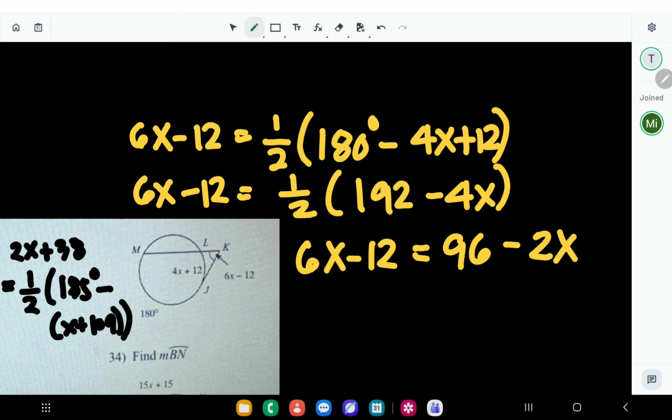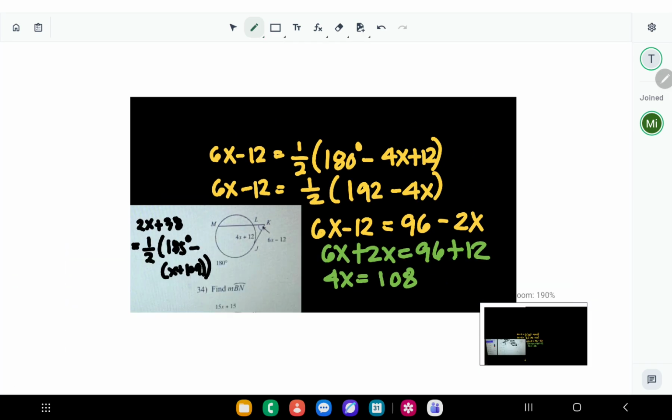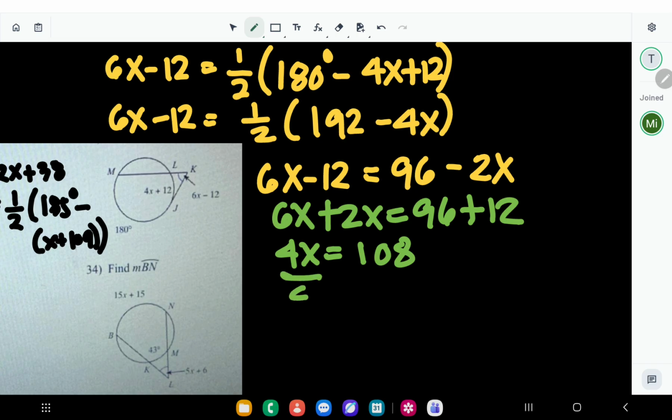Then we group like terms. This will become 6x. Okay, 6x plus 2x equals 96 plus 12. So this is 4x. 96 plus 12, 108. Divide 4. So we divide by 4. So x is equal to 27.